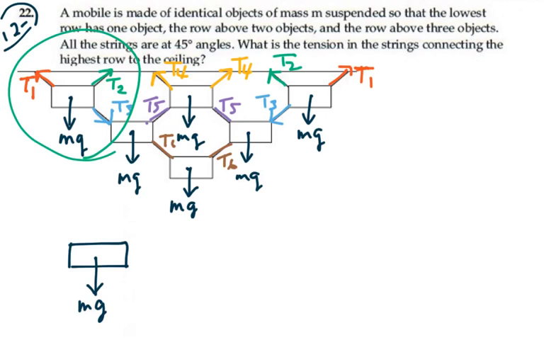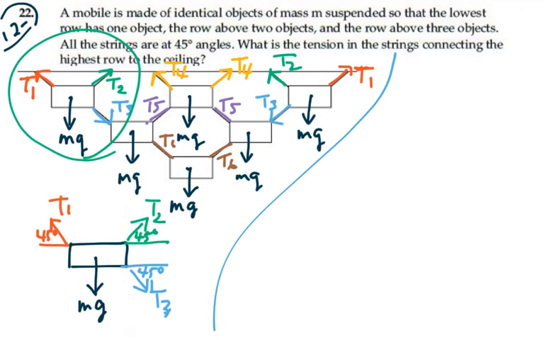We've got T1 going off this way, and T2 going off this way at a 45-degree angle. Same thing for T1. And then we've got T3 coming down this way at a 45-degree angle as well, like that. That's our free body diagram.